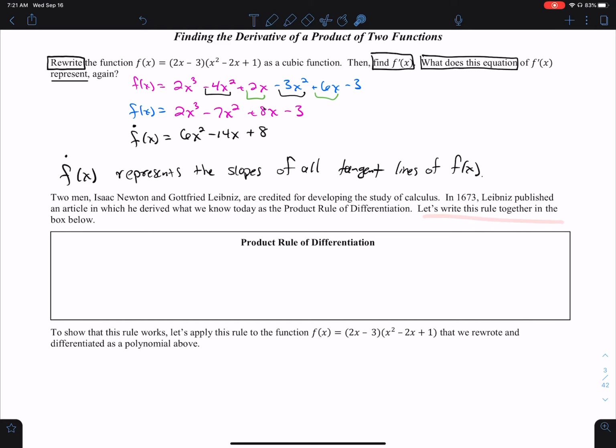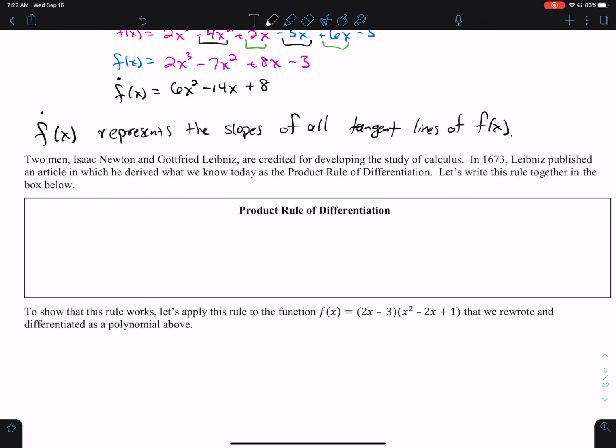Let's write this rule together in the box below. So if this was truly Leibniz, this is the way Leibniz would write it. He would say, let's say h of x was equal to f of x times g of x, then the derivative of h of x with respect to x would be, you take the derivative of the first function, that's the derivative of f with respect to x, and then you multiply that by the second function.